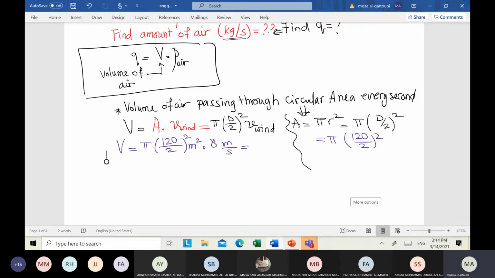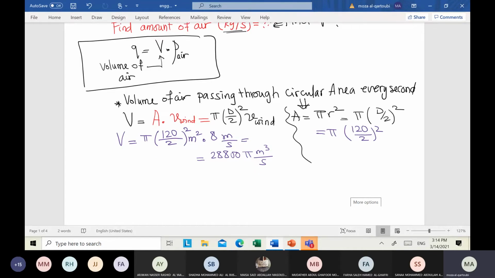Given the answer, I find this answer with respect to pi. If I calculate the value of pi, I get the given answer, 28,800 with respect to pi. Maybe the first solution is correct, but I see it without pi first. So with respect to pi it will be this answer, and if times pi, it will give the other answer, which should be the same. So the unit is meter cubed per second.